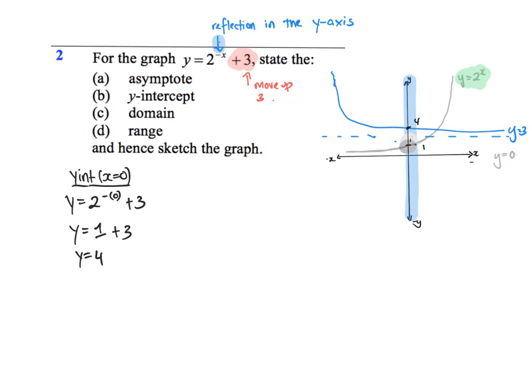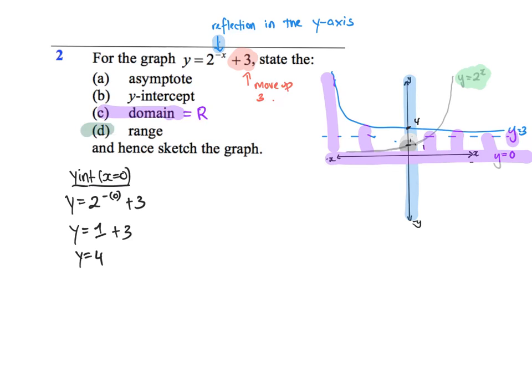Now let's have a look. All right, so we're looking at the domain. The domain is what x can be. So we're looking at the blue line. Can x be everything? Yep. So, domain equals real field. Awesome.